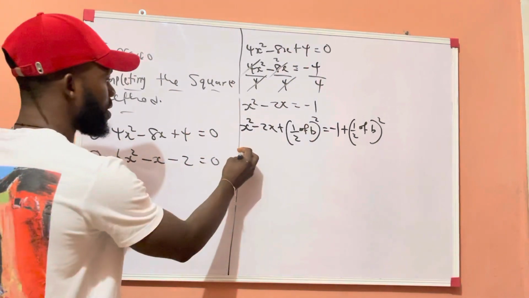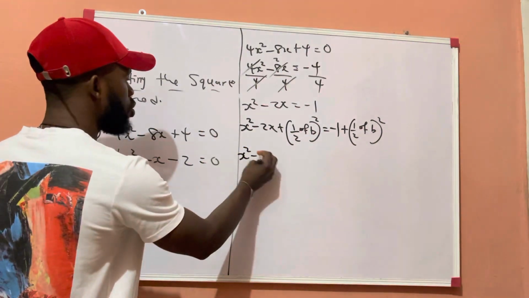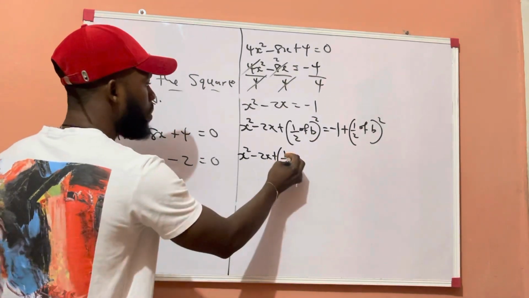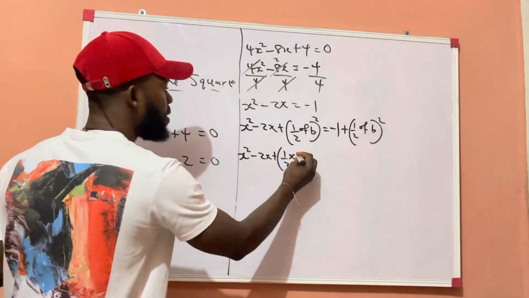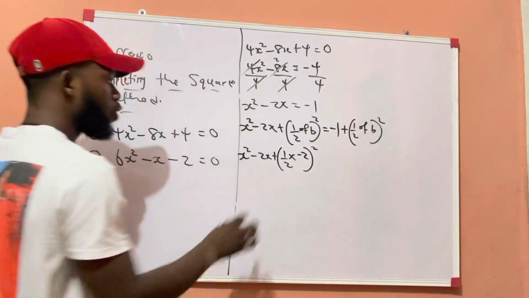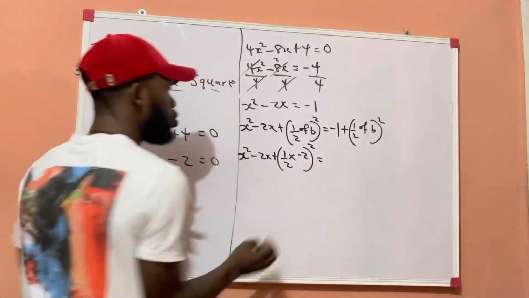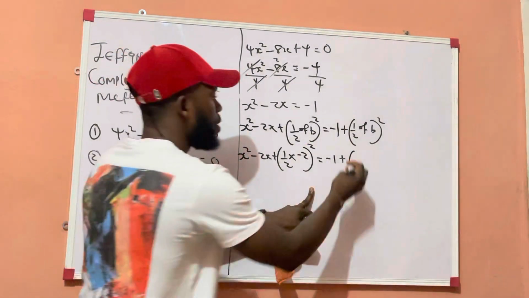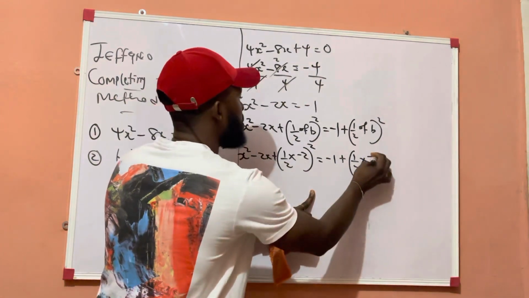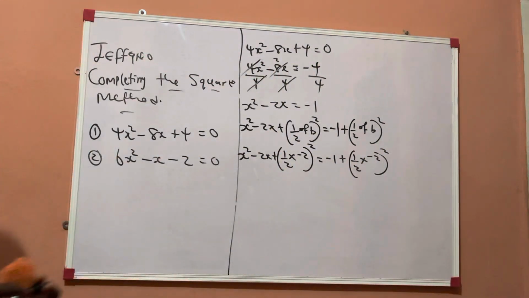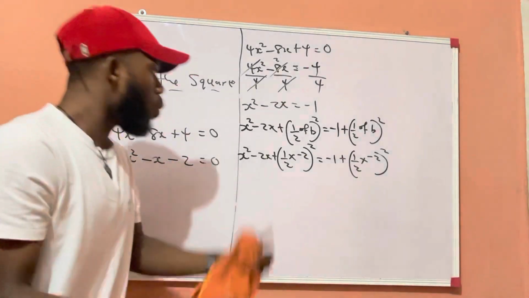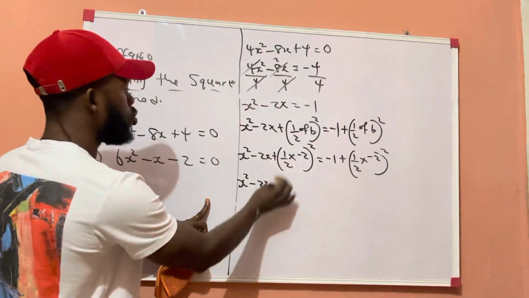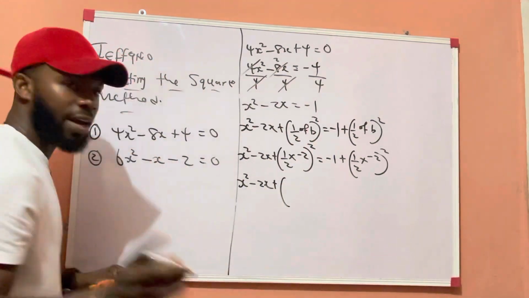So automatically we have this x squared minus 2x plus, now here we have 1 over 2, of means times, my b now is minus 2 raised to the power of 2, equal to, now we have minus 1 plus into the bracket the same thing, 1 over 2 times minus 2 raised to the power of 2. Now, without wasting time, what do we do next? We have something like this now. X squared minus 2x plus, into the bracket of, class.